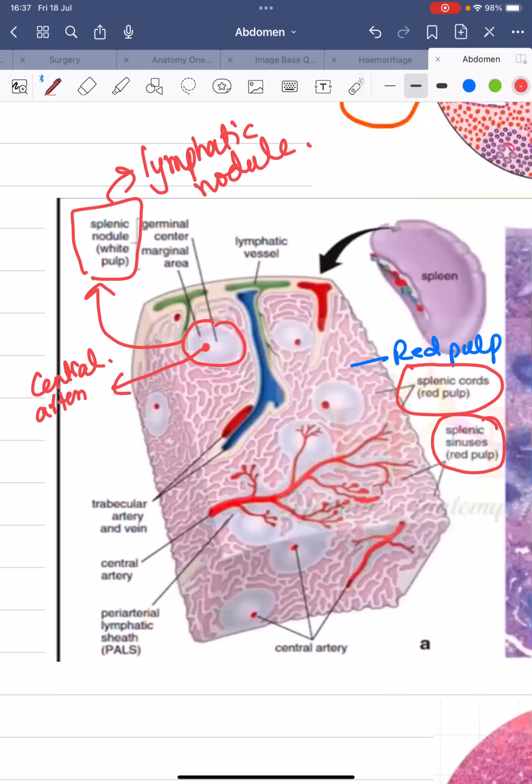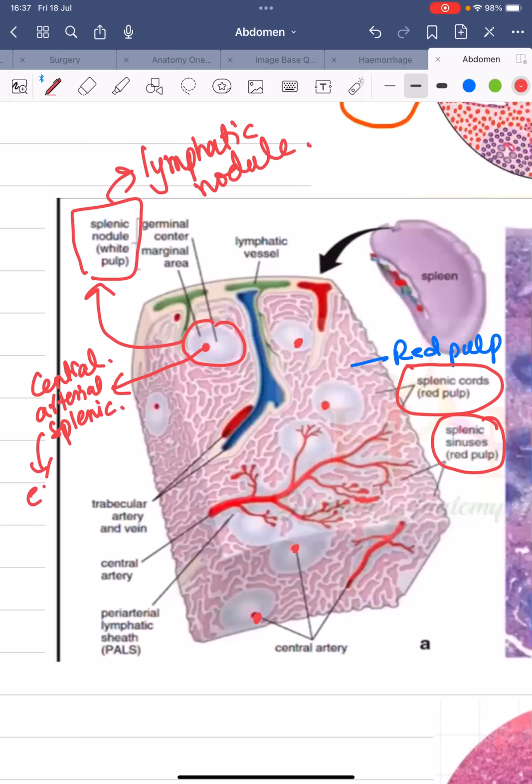This central splenic arteriole is not placed centrally, it is placed to one side, as you can see in this white pulp. So it is known as eccentric.